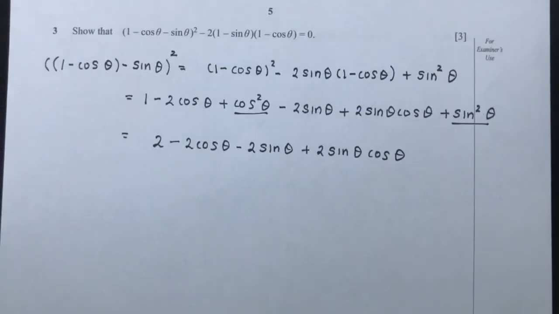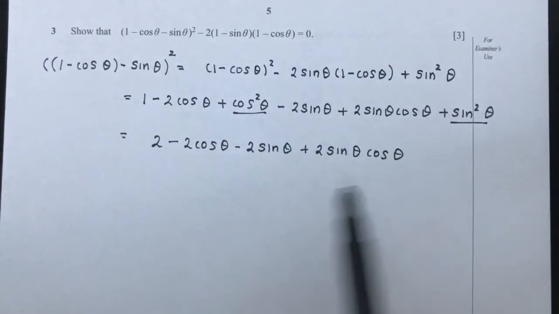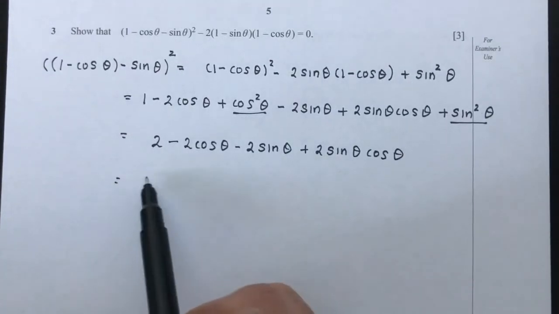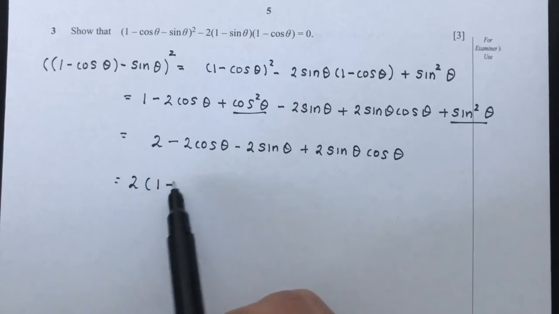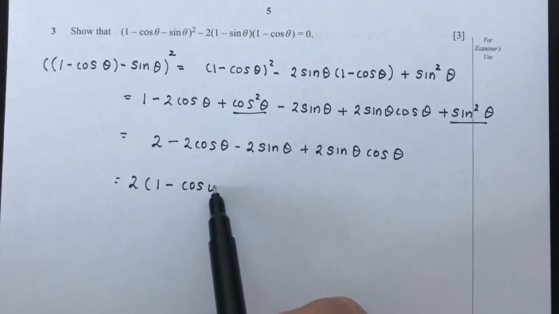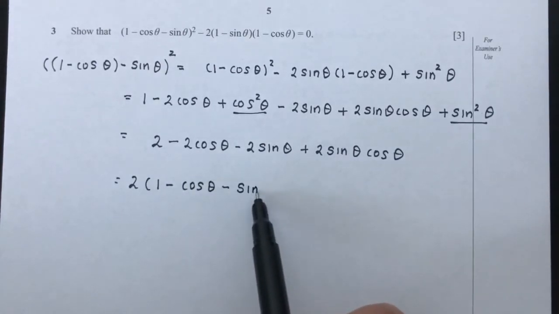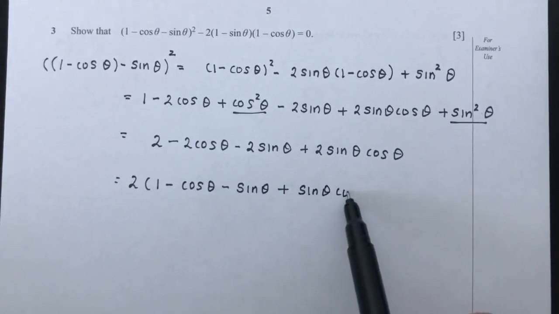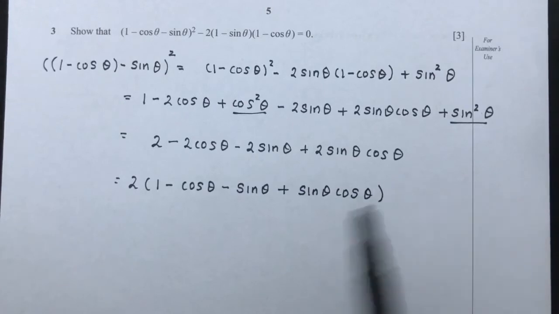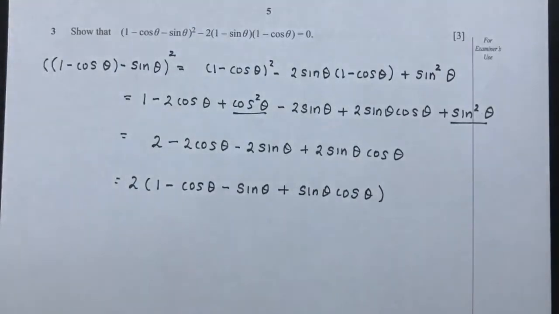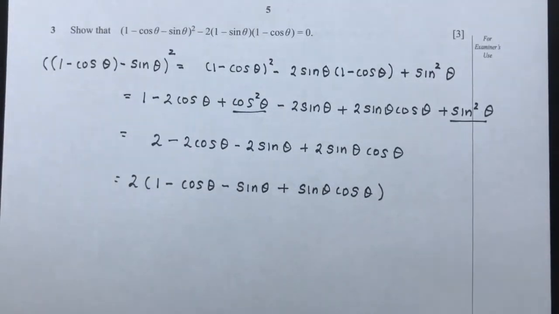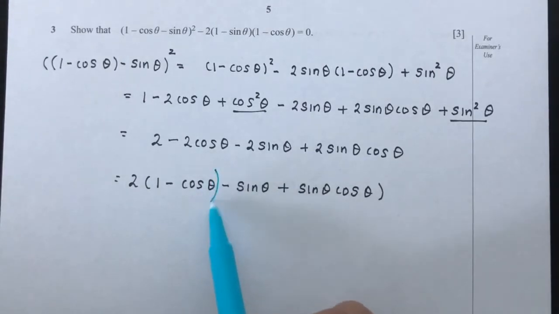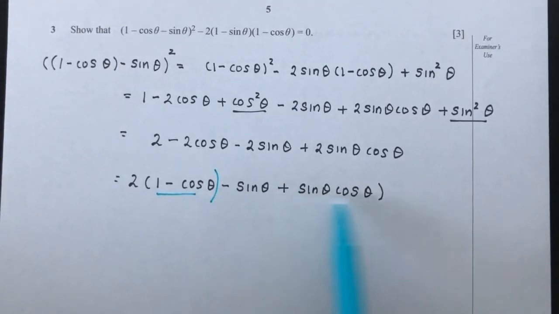Now one thing we can do here, we can take out 2. Let's take out all the values of 2. 2 will be outside. You will have 1 minus cos theta minus sine theta plus sine theta cos theta. Now we can play with those inside to see what we can do. Let's leave this by itself for now. Let's look at these two.